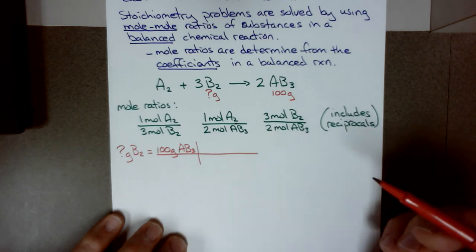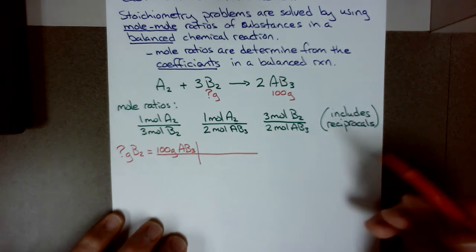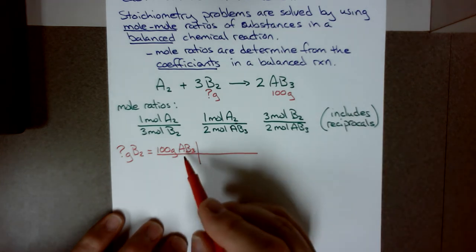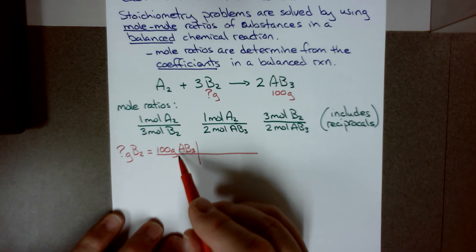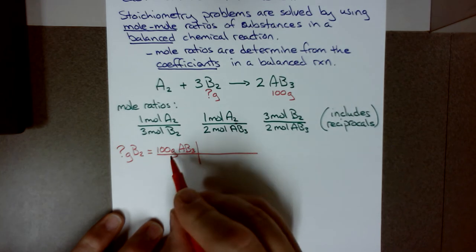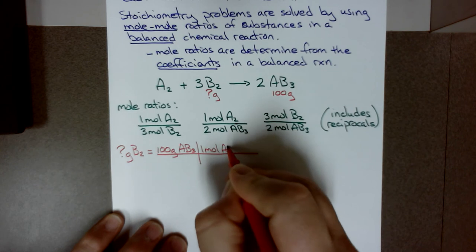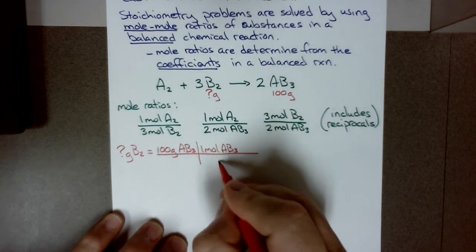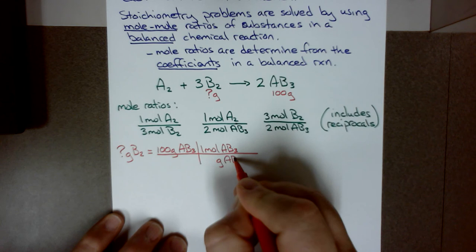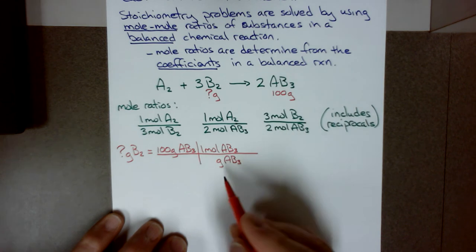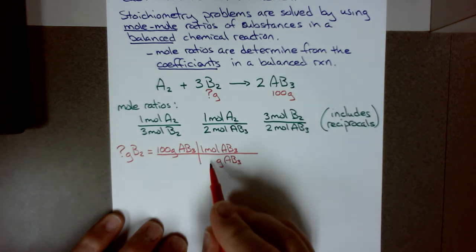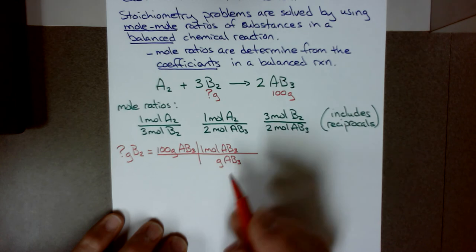And of course, we've already discussed this. We know that anytime we're in an amount that's not a mole, we go to the mole. So I'm going to use molar mass. So 1 mole of AB3 will have some kind of mass. Now we don't know the mass because AB3 is a made up compound, so I'm not going to put a value here, but we know that that's molar mass.